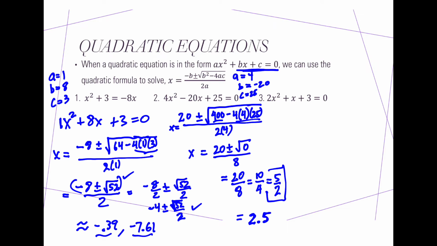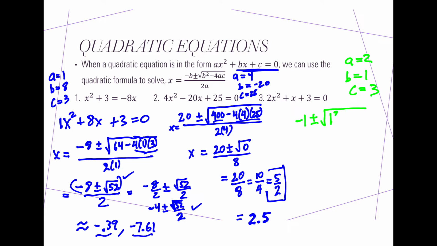The last one we'll do here, I'm going to switch up the colors. Looking at my a, b, and c, I have a is equal to 2, b is equal to 1, and c is equal to 3. So opposite of b, so this is negative 1 plus or minus square root b squared.